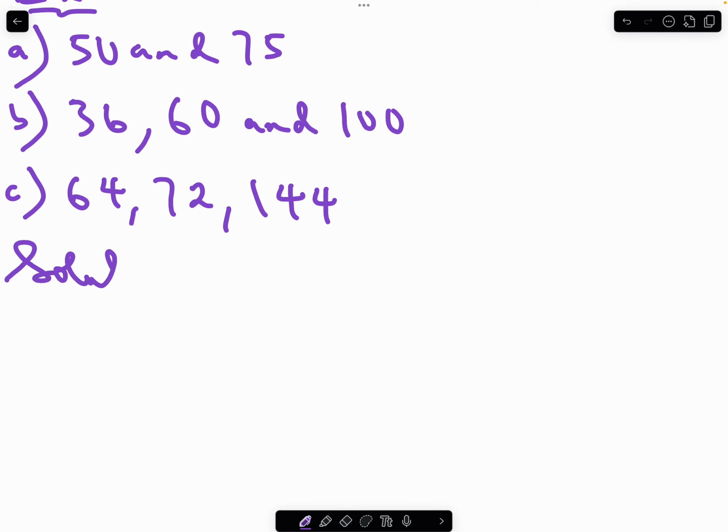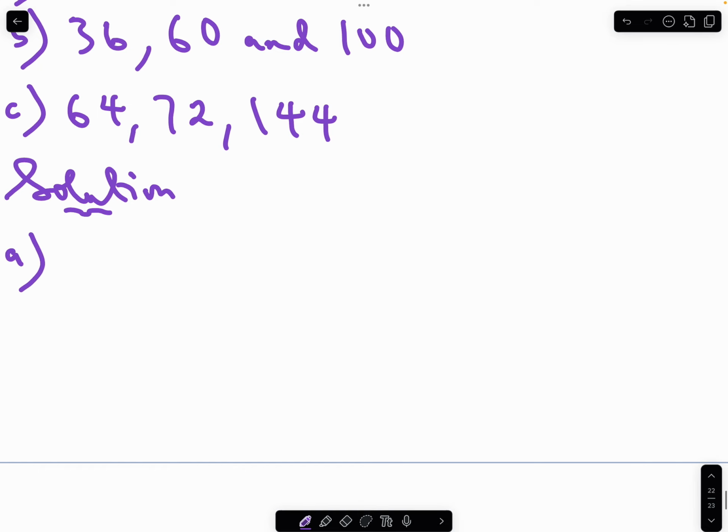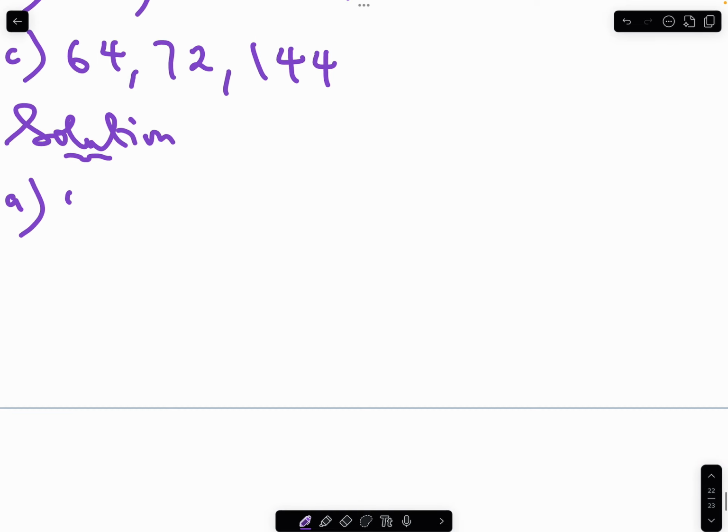Let's go to the solution. How do you find the HCF of these numbers?